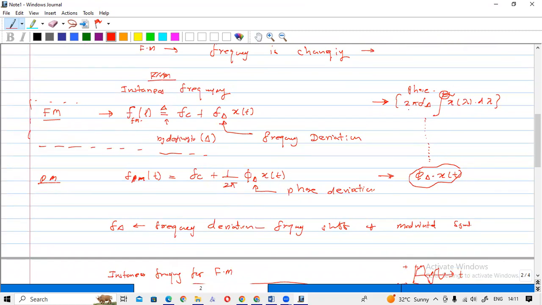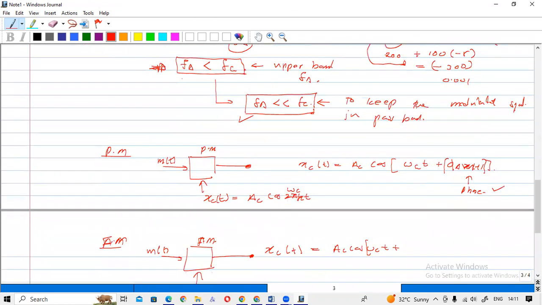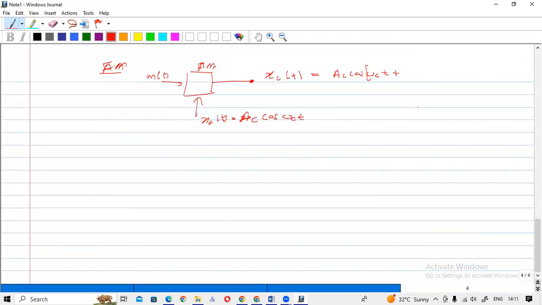We associate this with the phase, so we can generate a frequency modulated signal. So it is 2 pi f delta integration m lambda d lambda.